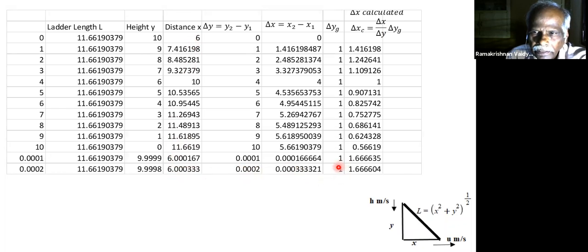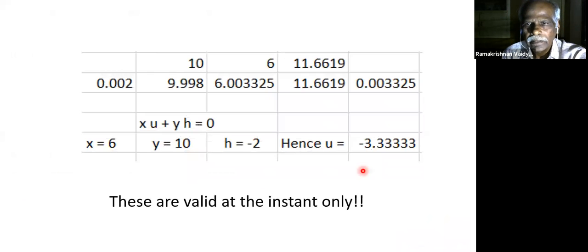Therefore, for a change of y equal to 1, the answer is same. So if I take a very small infinitesimal value, for 2 meters per second, it is 3.30. So if I substitute 2 here, it will be 3.33. So this is what I have shown here. For a change of 0.002 here, y becomes 9.998 and the distance becomes 6.003325 using the relation square root of 11.6619 squared minus 9.998 squared, and the change becomes 0.003325.